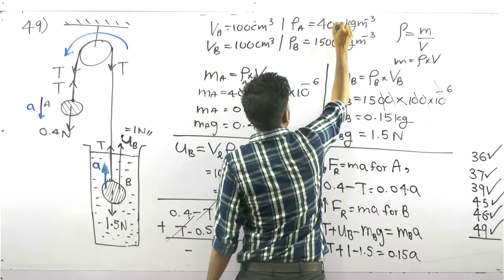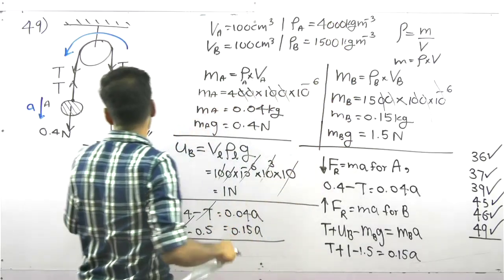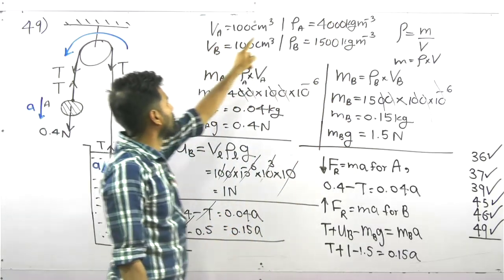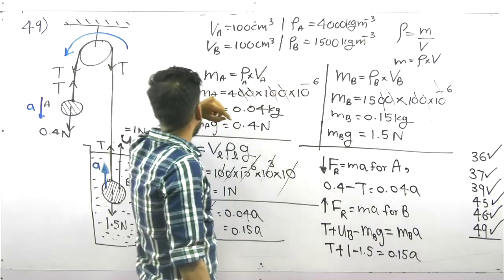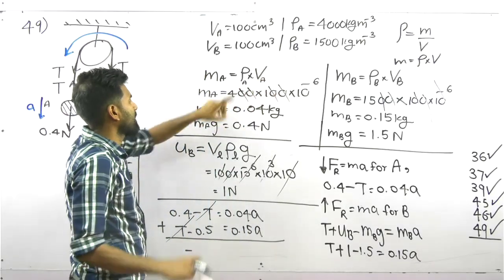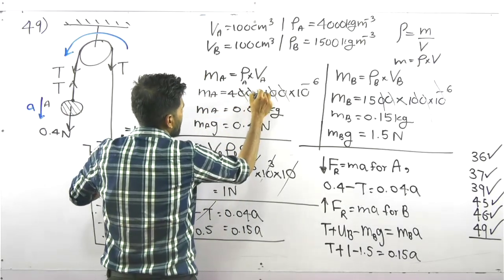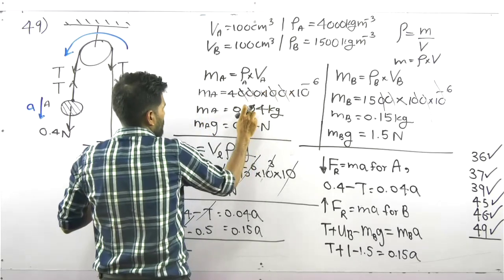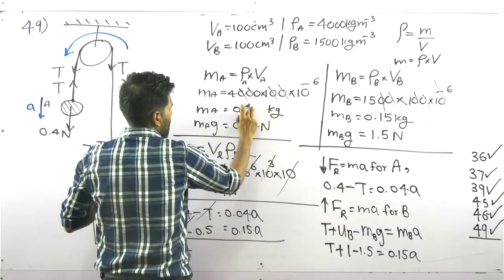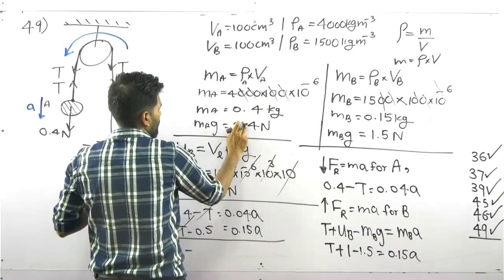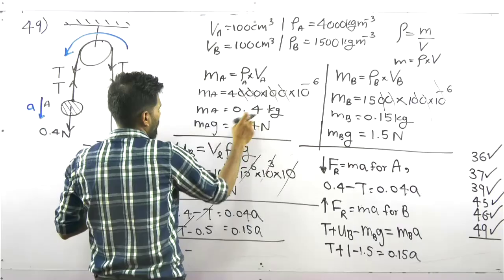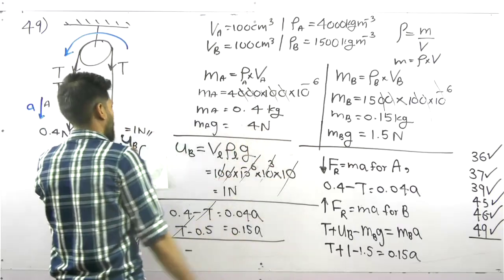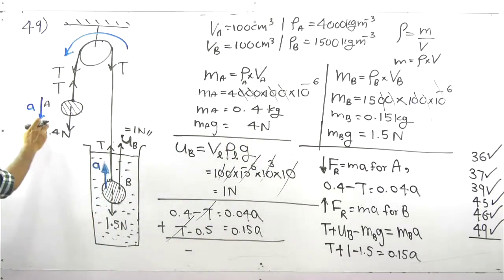For the object A, density is 4000. So the mass of A, with density 4000, you have another 10 here. Volume 100, okay. So the mass becomes 0.4 and the weight becomes 4. So not 0.4, it's 4.